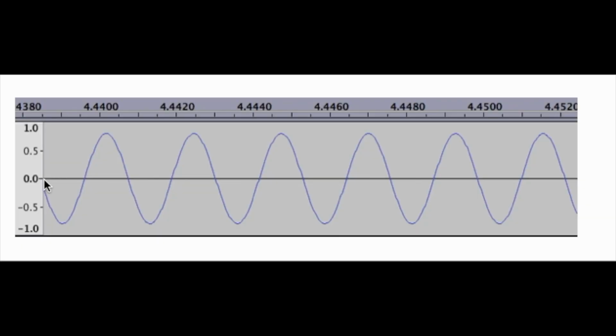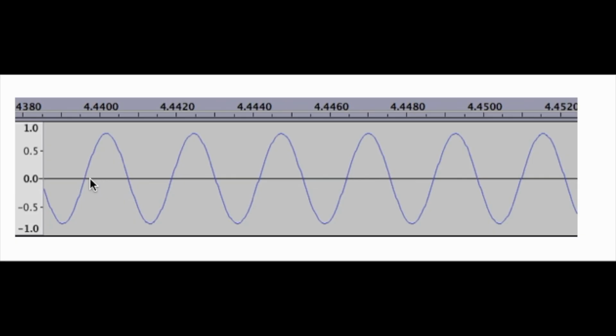So let's look now briefly at a waveform and remind ourselves of what that shows. You can see here the zero line and the area for -1 and +1 up above. Notice that this wave moves from 0 up to about 1, back down to 0, down to -1, and back to 0.